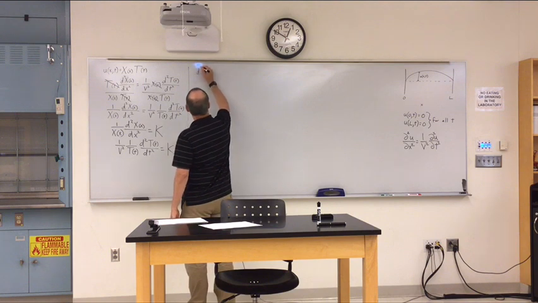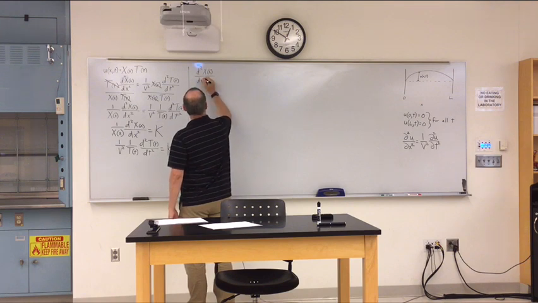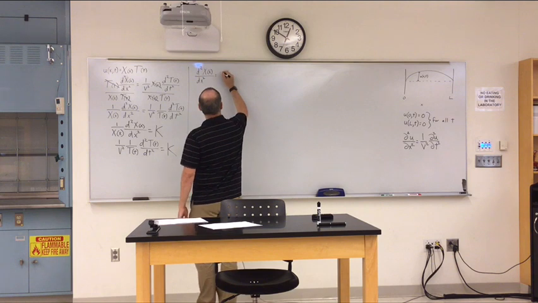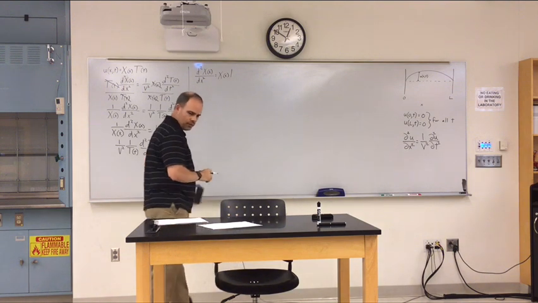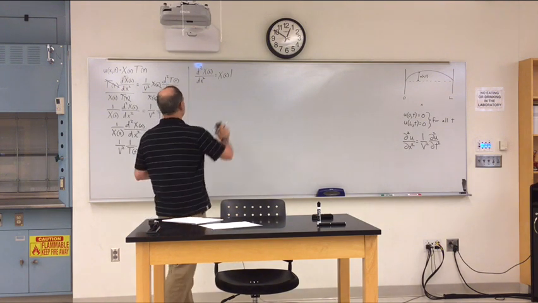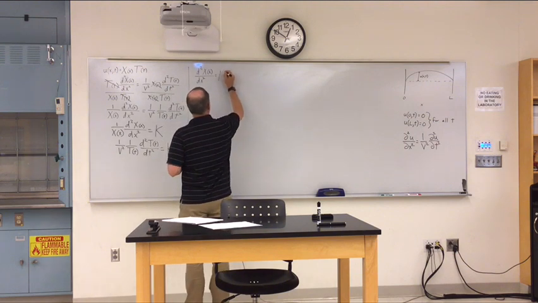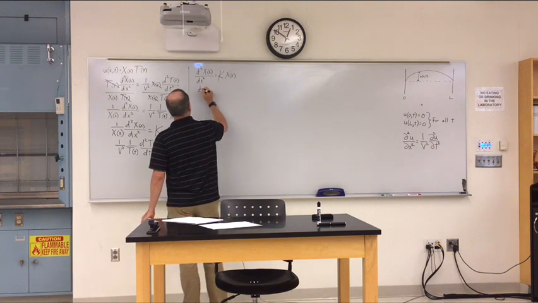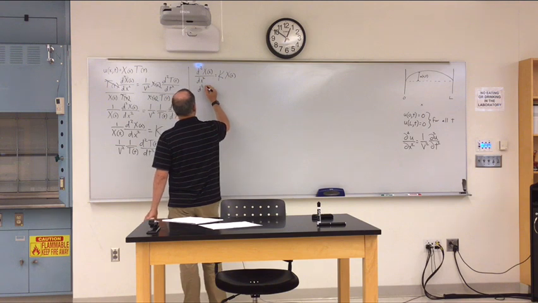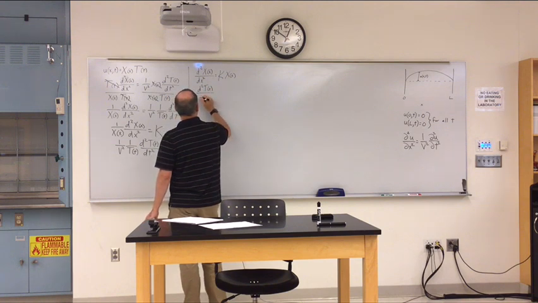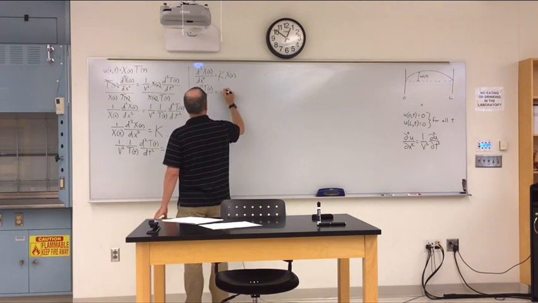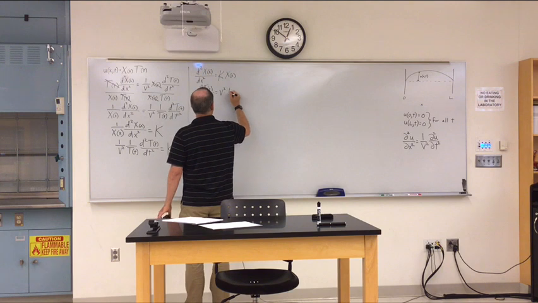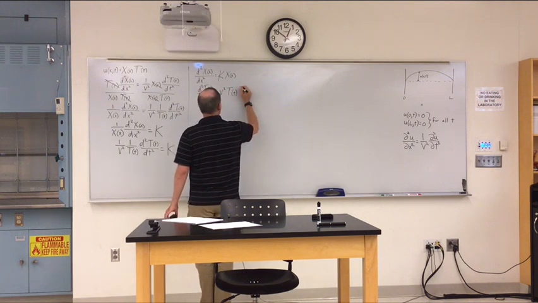That gives me d squared X of x over dx squared equals k, a constant, times the function X of x. And d squared T of t over dt squared is equal to v squared k times T of t.